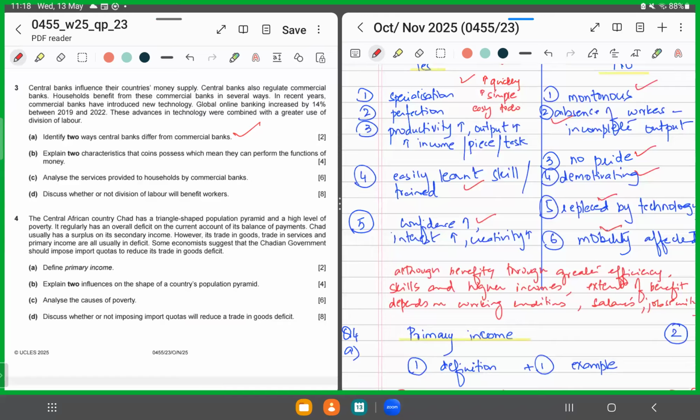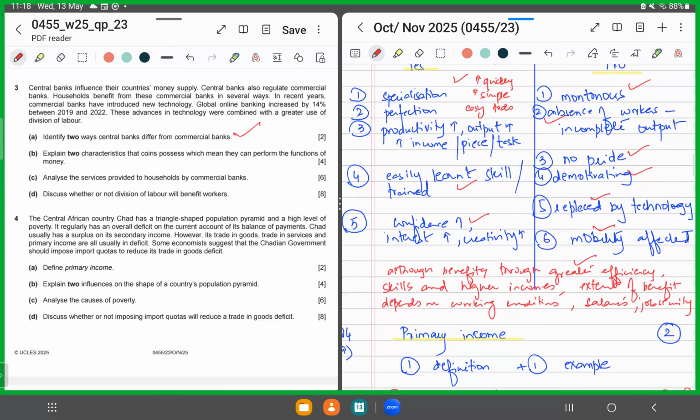So yes, you can say that although division of labor benefits workers through greater efficiency, through skills and higher incomes, yet the extent of these benefits depends on the working conditions, on the salaries, and on the job security that these jobs offer. So you can brush it off with a solid conclusion and earn that full 8 marks.